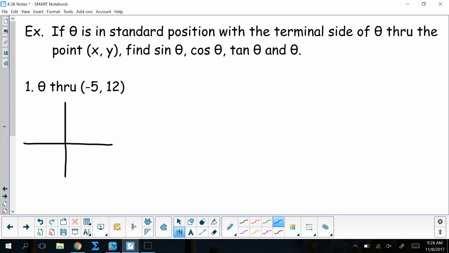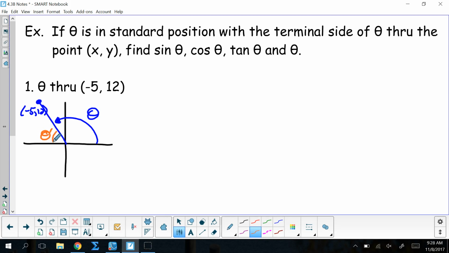It's in quadrant number 2. Okay? So my theta is going to go through negative 5 comma 12, which is up there. So here is my actual theta. Which means then, to make everything nice and positive, my reference angle is there.